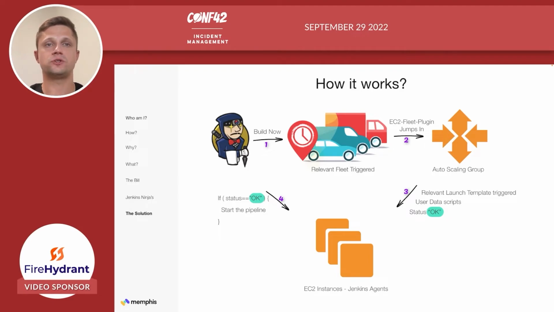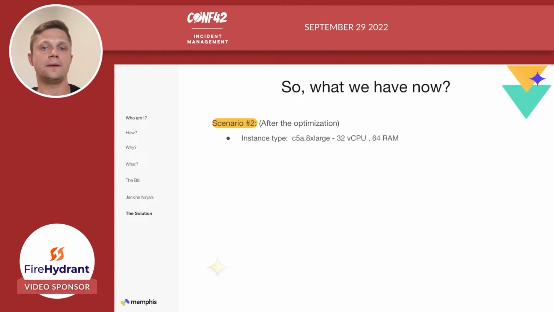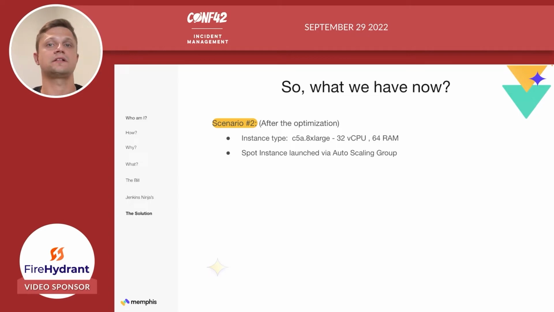So you will ask, okay, now we are using auto-scaling groups and launch templates and EC2 instances instead of only one Jenkins. So what are the numbers? Where is the bill? Okay, so what do we have now? Now we have scenario number 2 after the optimization. In this particular example, I will use the same instance type as I used before: 32 vCPUs, 64 GB RAM, but this time it's a spot instance launched with the ASG auto-scaling group.